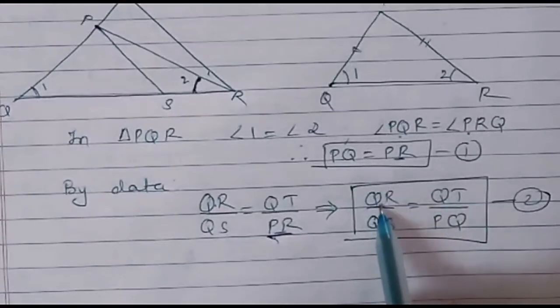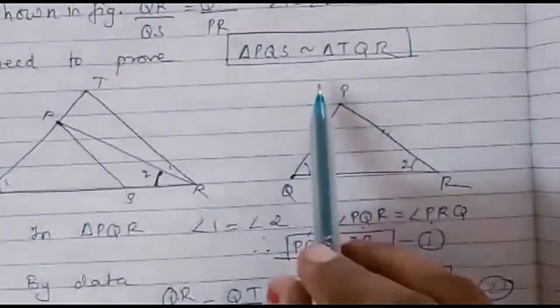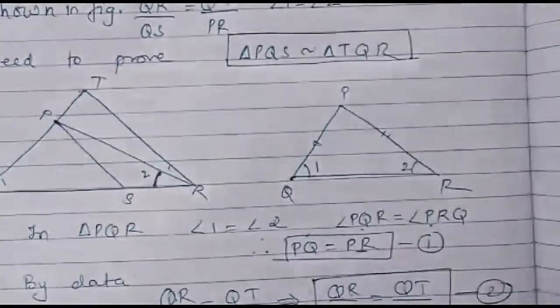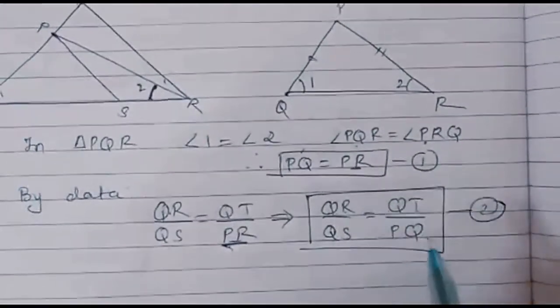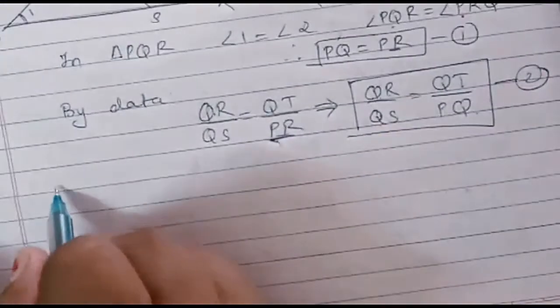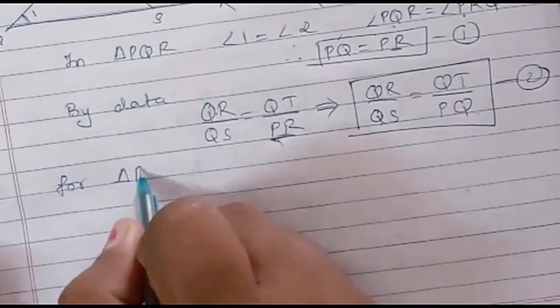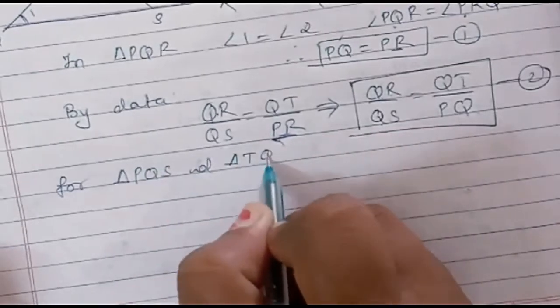Now if you actually see, this QR and QT are the sides of triangle TQR, right? And same way QS and PQ are the sides of triangle PQS. Now we can compare triangle PQS and triangle TQR.